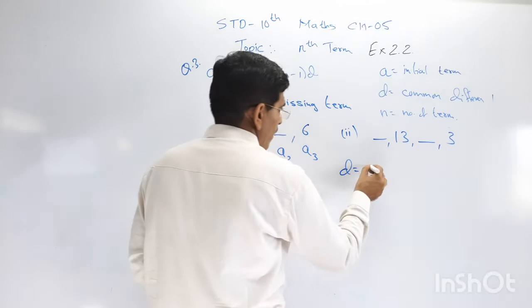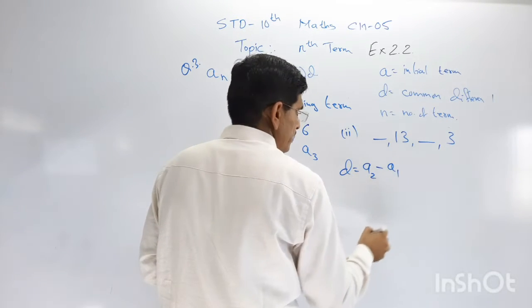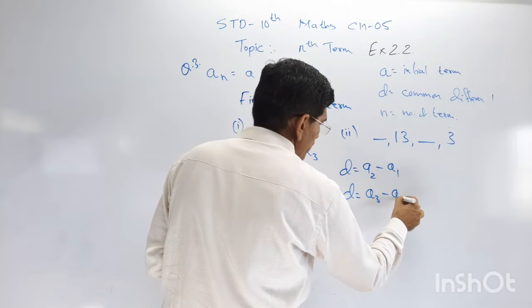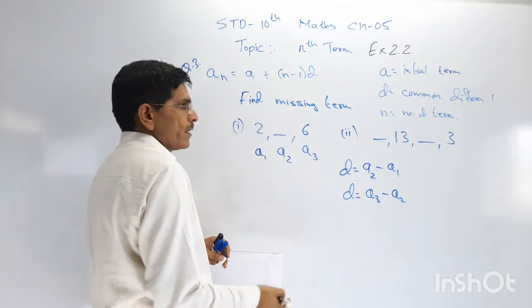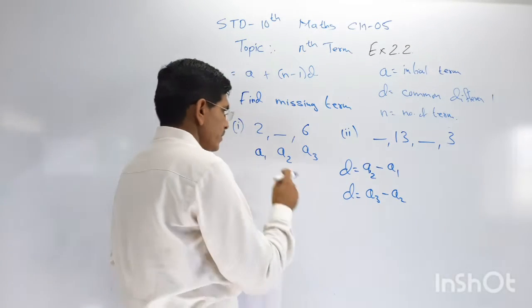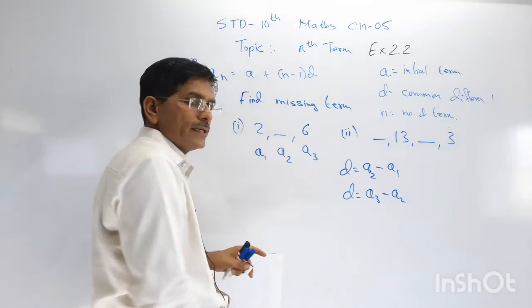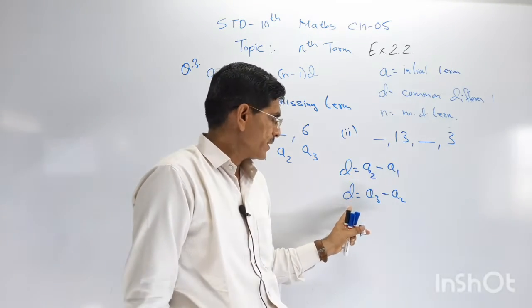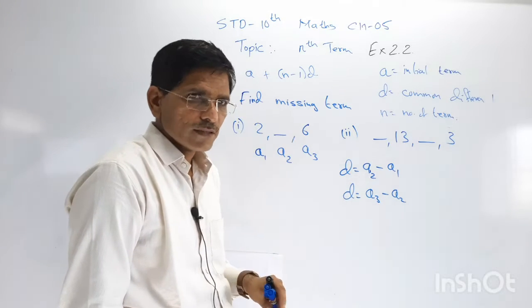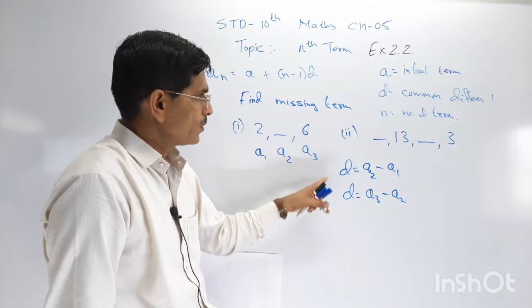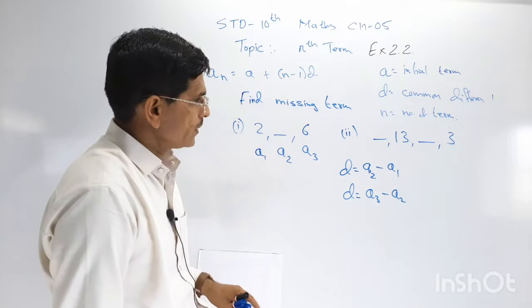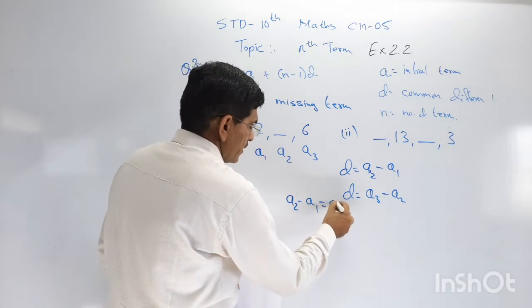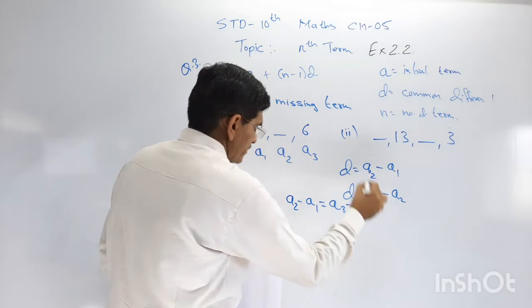The difference D is equal to A2 minus A1, and again D is equal to A3 minus A2. Both are equal. So A2 minus A1 is equal to A3 minus A2.